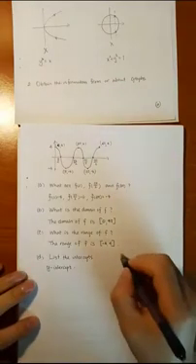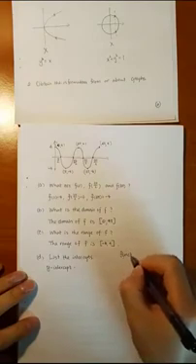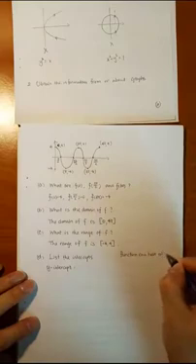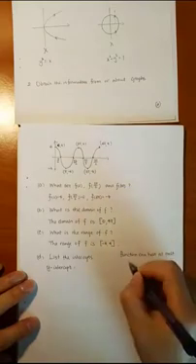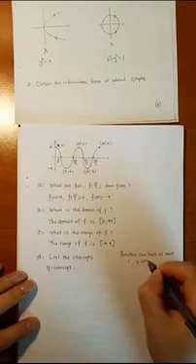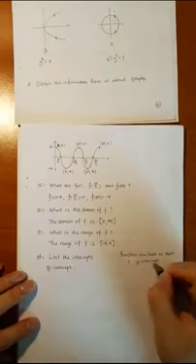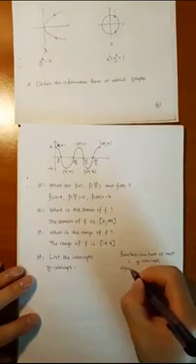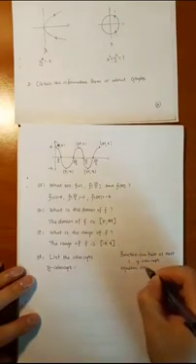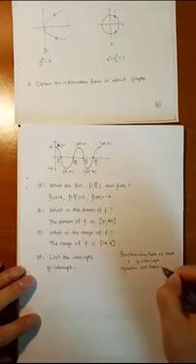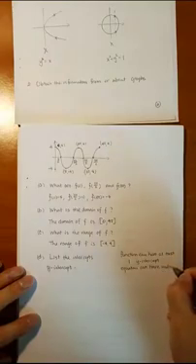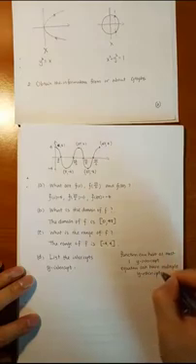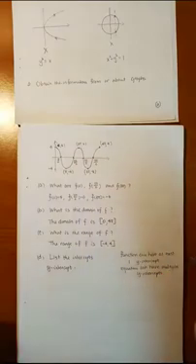So let's write here: a function can have at most one y-intercept, because the y-intercept is f(0), and f(0) has only one value, but an equation can have multiple y-intercepts.